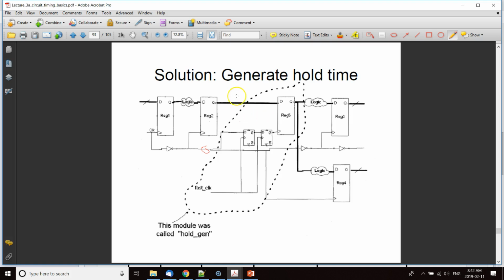So whatever skew, basically I'm delaying the clock here. So Reg 5 will only change two fast clock periods after the rising edge of the clock here, right? Which means that, assuming I've got the same clock here, this register and this register will have already settled by this time, right?